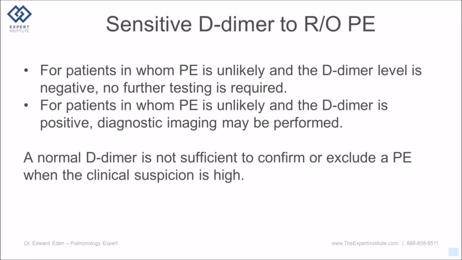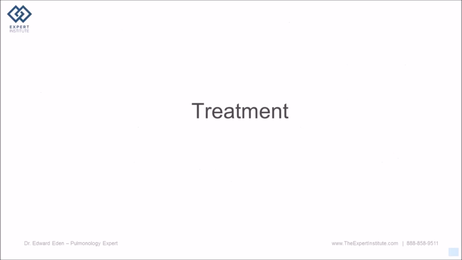A normal D-dimer, however, is not sufficient for diagnostic purposes to confirm or exclude a pulmonary embolus when the clinical suspicion is high. Next slide, please.